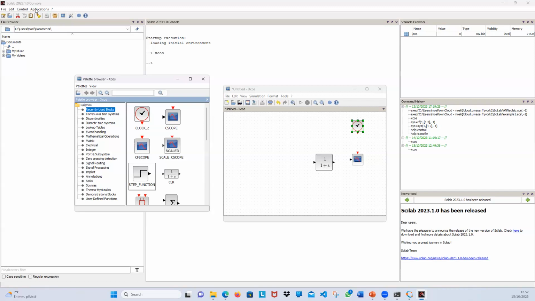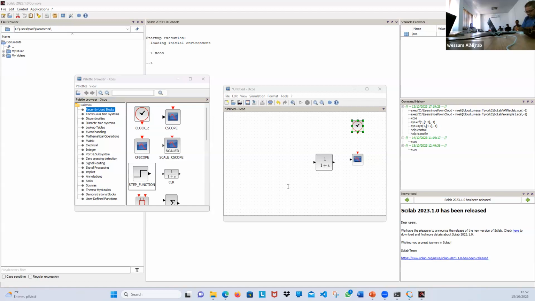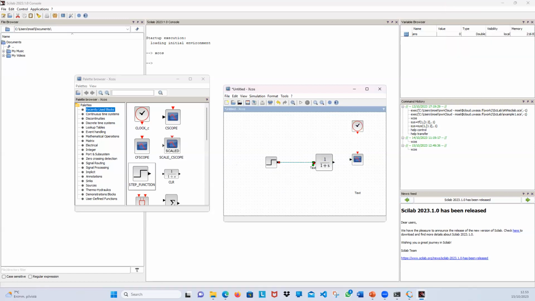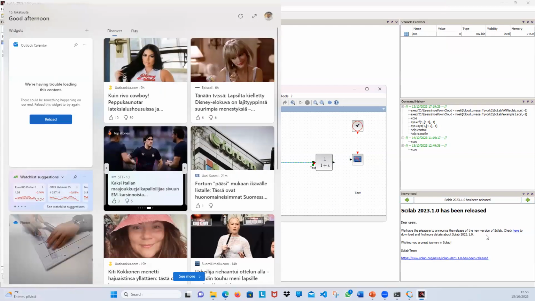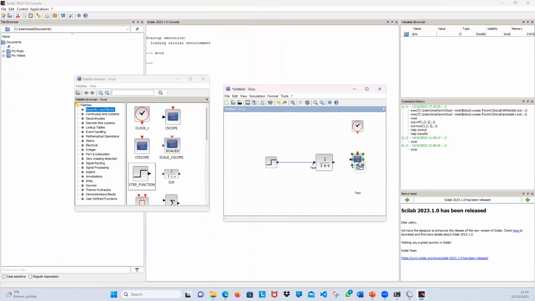I have a problem with the mouse. It seems that the battery of the mouse is dead, so that's a problem.